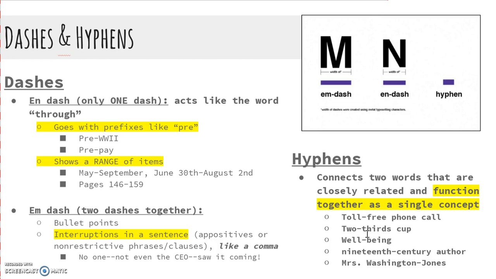Or if you have a word like well-being or 19th-century to describe what kind of author, then you'd want to represent them as one cohesive item. If you recognize this, you've probably seen women who are married who hyphenated their 2 last names together, and that's okay too. And that's something that correctly uses a hyphen.